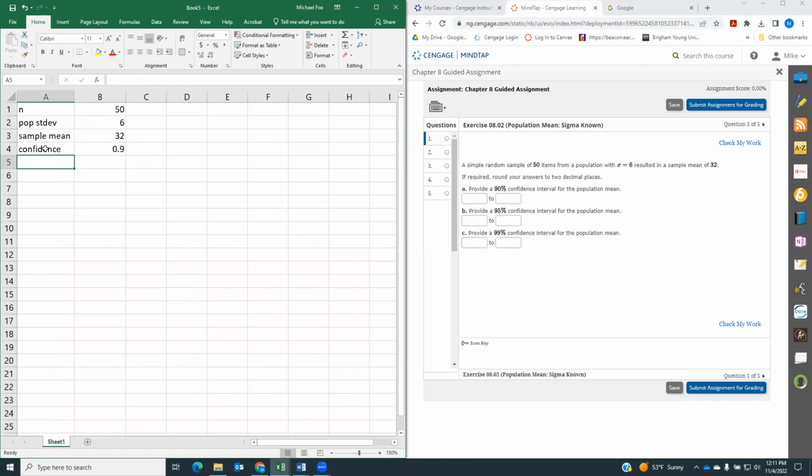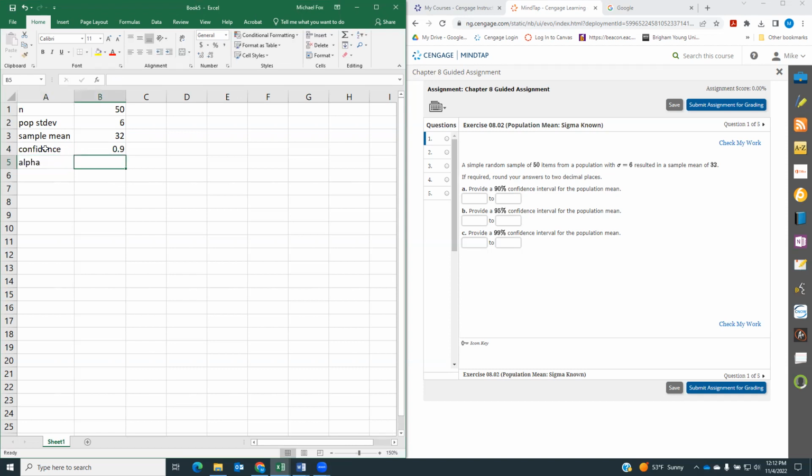So to figure this out, what I want to figure out is some margin of error, or an amount plus or minus the mean that is going to give us this interval, or a range of numbers, that we are 90% confident the population mean will fall in. Okay. So to do that, I'm going to need something called the alpha.